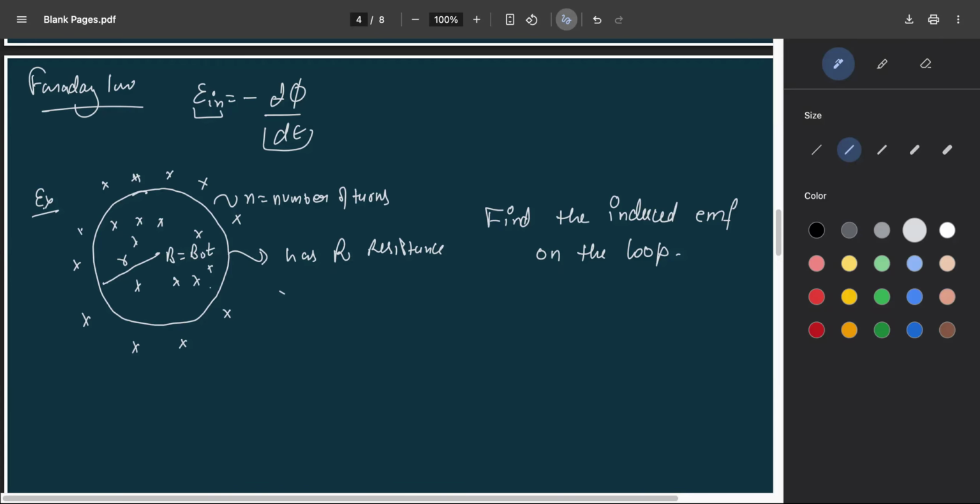You need to calculate induced EMF or induced current, both. If you get one thing, you'll get the other.